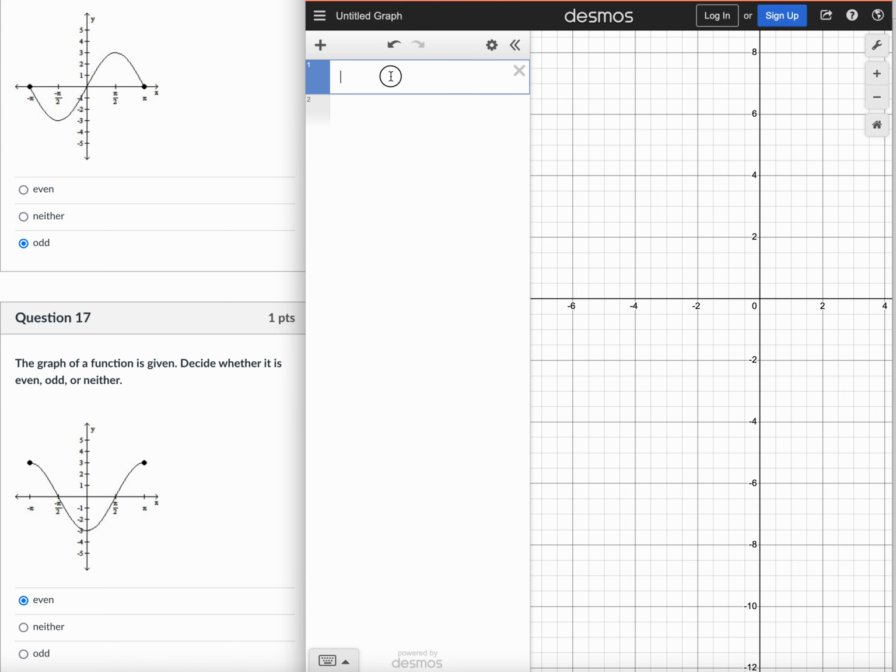If we want to know more, here is the algebraic expression. Right now, probably you do not know. Here it is basically negative 3 cosine x.